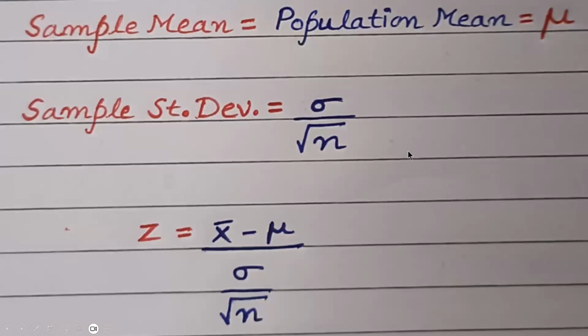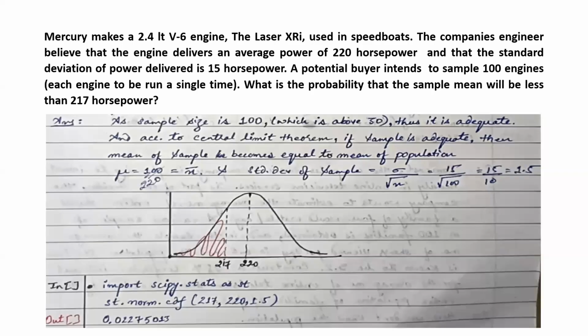Now, let's do a practical. Let's have one question and we'll try to solve it. For example, there's a company called Mercury, and this company makes a 2.4-liter V6 engine, the Laser XRI engines, which are used in speedboats.